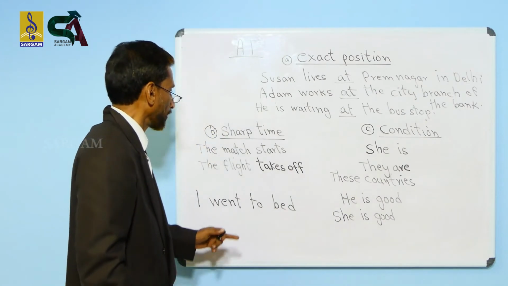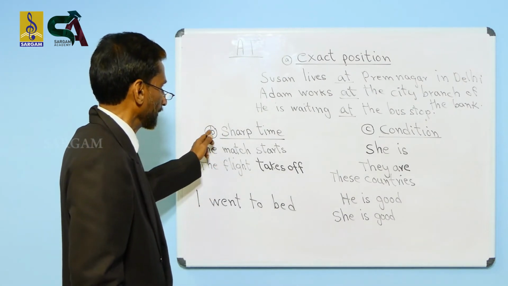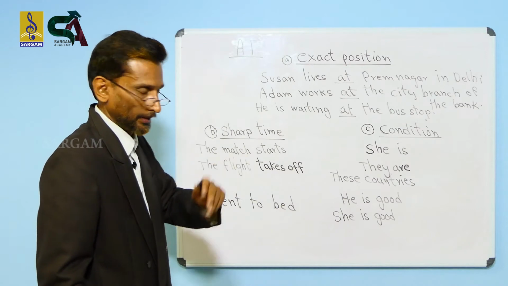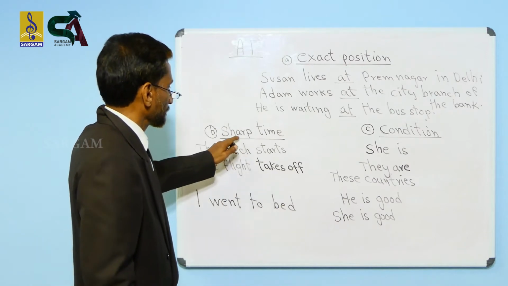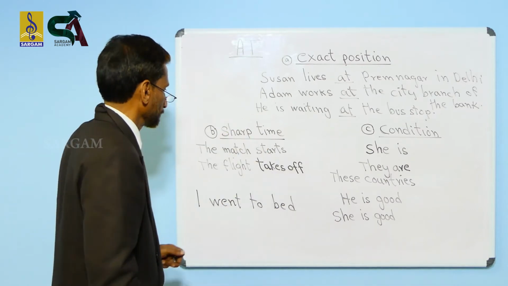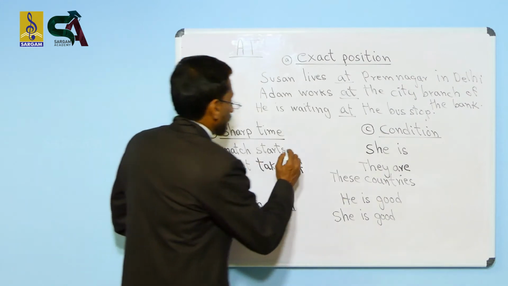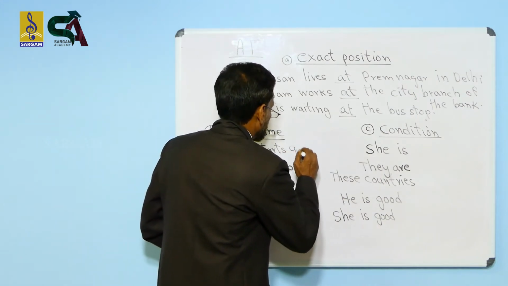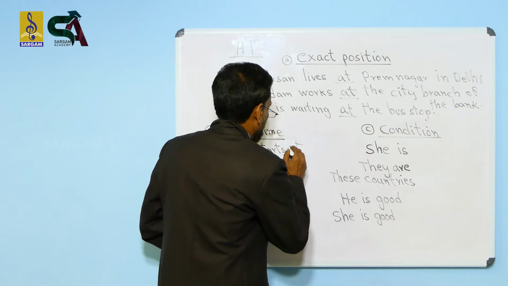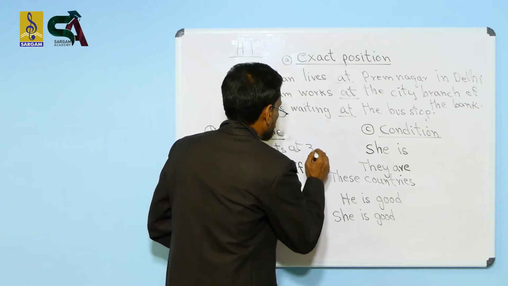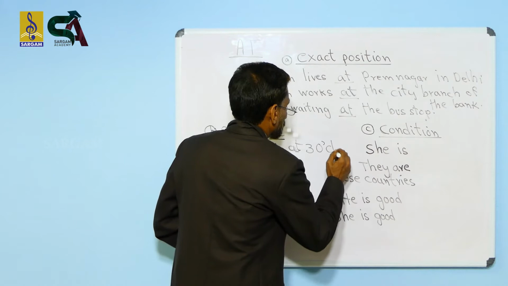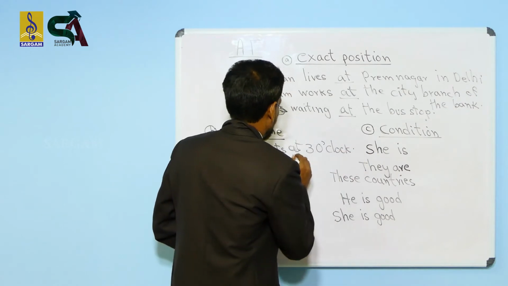Now on to context B, in which at is generally used. Sharp time. The match starts at 3 o'clock, exact time.